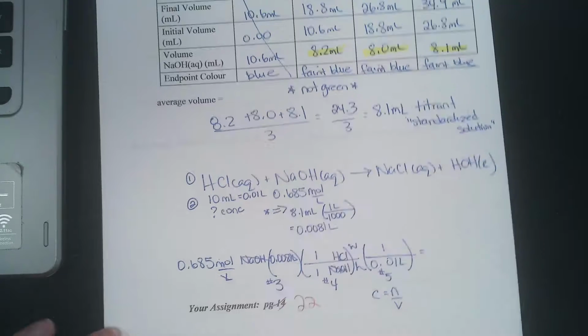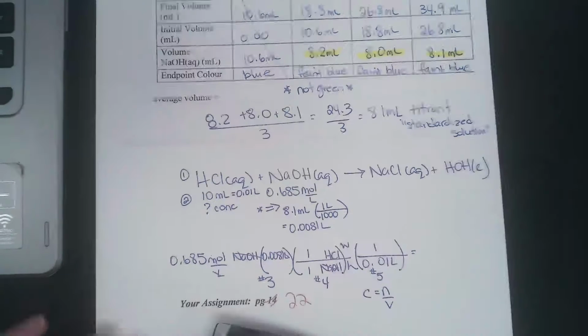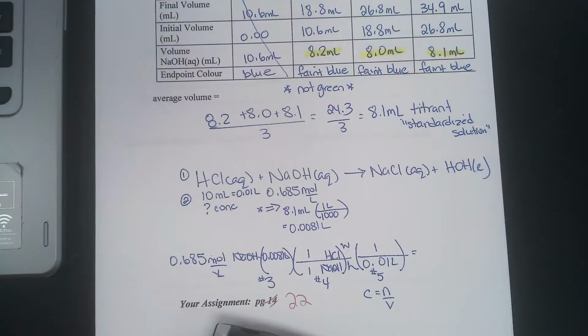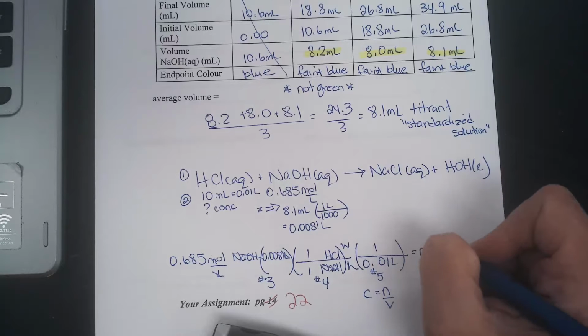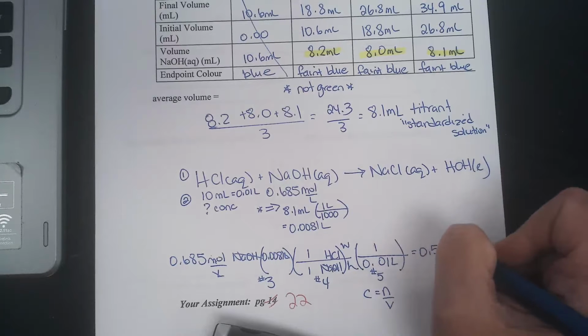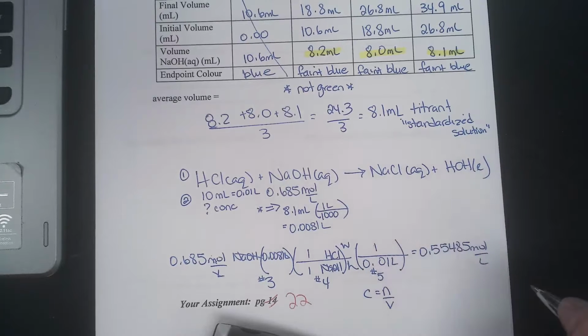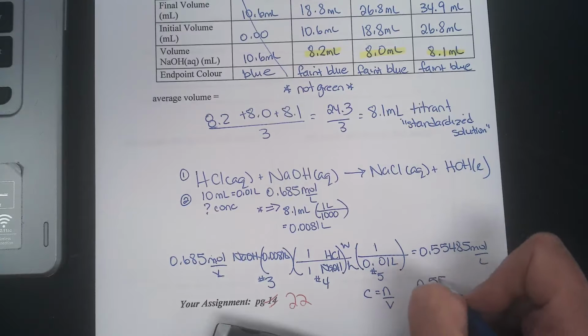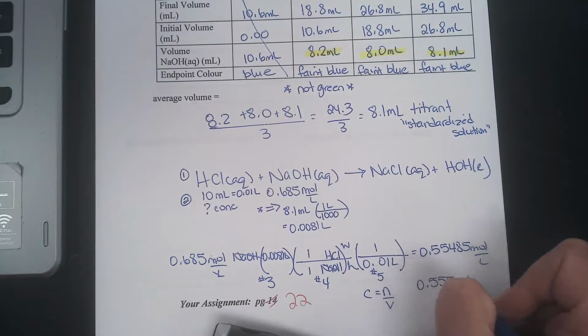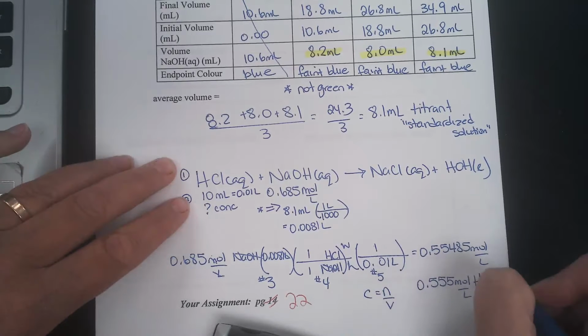And I would get 0.685 multiplied by 0.0081 times 1 divided by 1 times 1 divided by 0.01. I get 0.55485 moles per liter, but I'm going by significant digits and I need 3. So 0.555 moles per liter of hydrochloric acid.